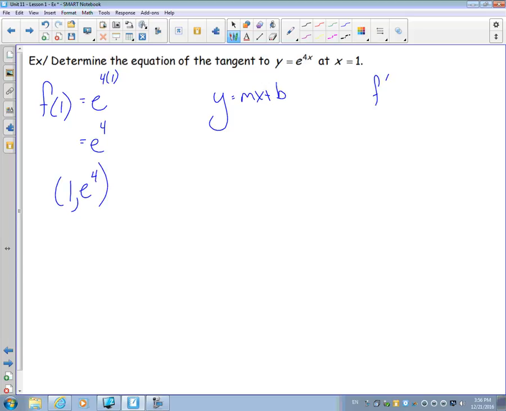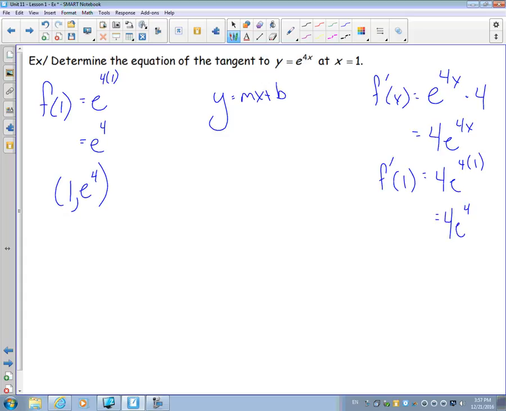If I do my derivative of this function, it would be e to the 4x times 4, or in other words, 4e to the 4x. And I specifically want the derivative at 1. So again, we'll put the 1 in there. And we get that. Well, again, I don't want that big long decimal. So I'm going to try and build my equation in exact form.